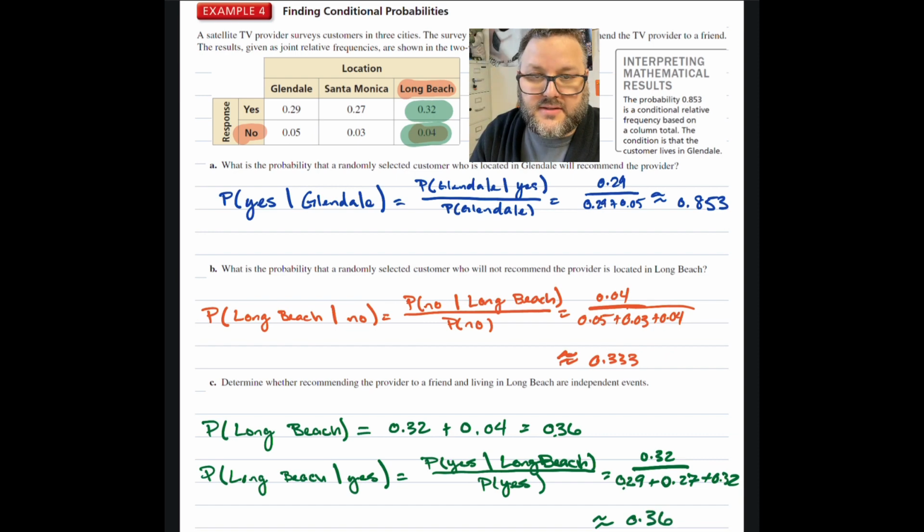Now, we say about because there's some rounding there, but it's close enough that 0.36 is equal to 0.36, and both were calculated as independent events, and they came to the same percent. Therefore, they must be independent. Being in Long Beach does not form your opinion that you will or will not recommend this TV service provider.